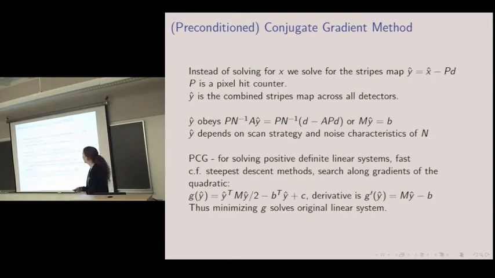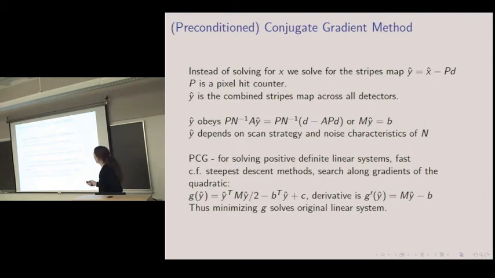The algorithm that we've chosen to solve this problem is the conjugate gradient method. Instead of solving for the sky map x, we solve for a stripes map y, where you subtract P D, where P is a pixel hit counter, so it's the number of times a certain pixel is observed.